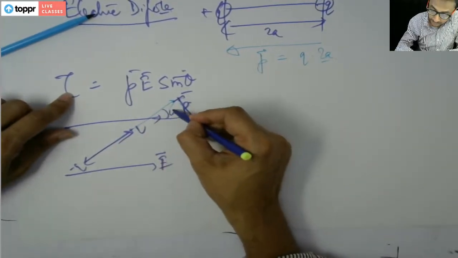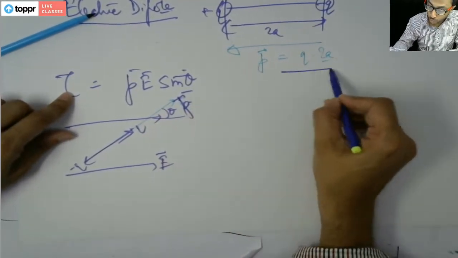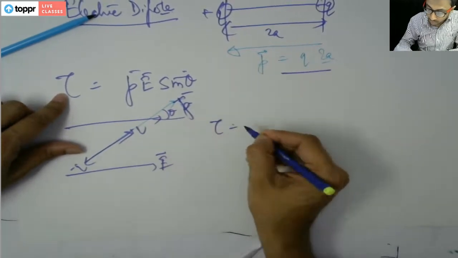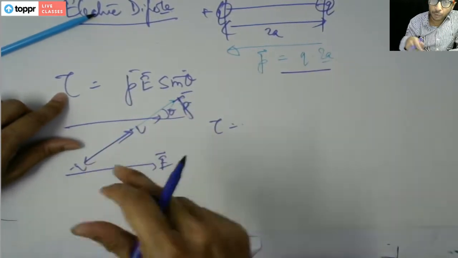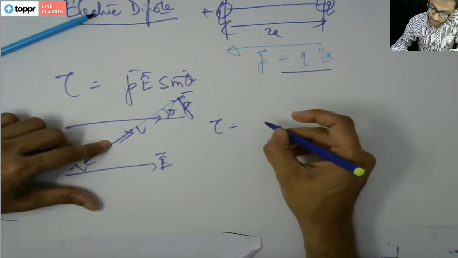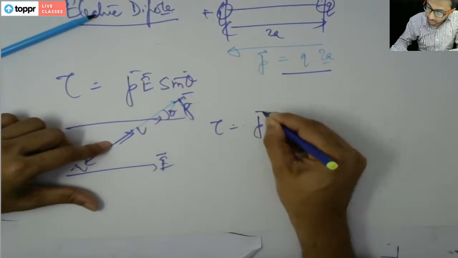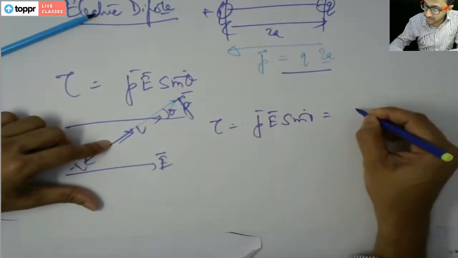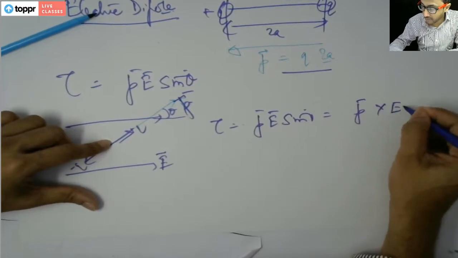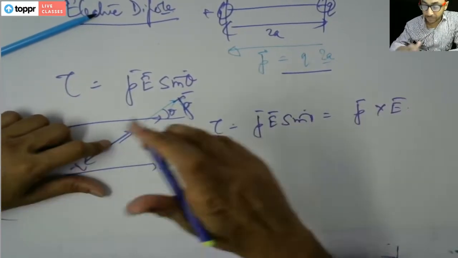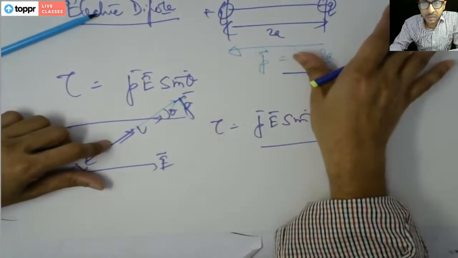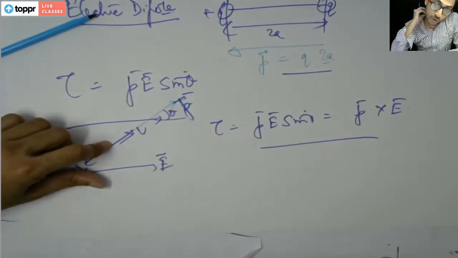The angle between them is theta. So the torque that this dipole is experiencing is PE sine theta, that is P vector cross E vector. Okay. Other things you can see from your book. Let us try to solve a few problems.